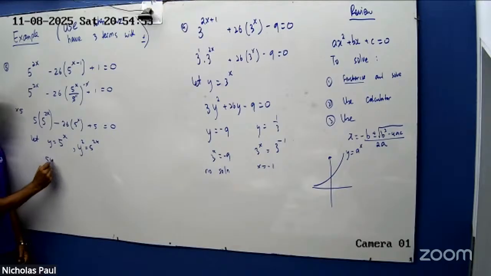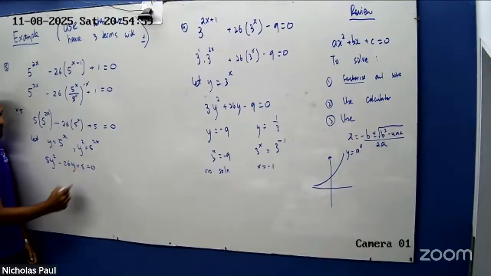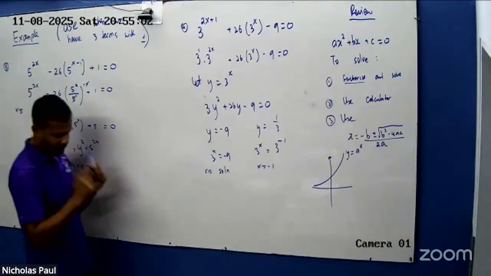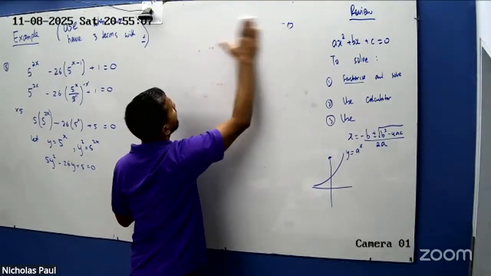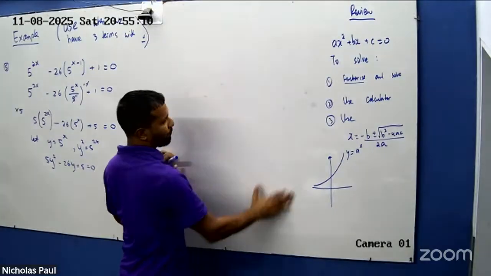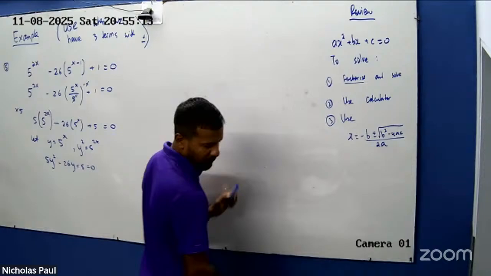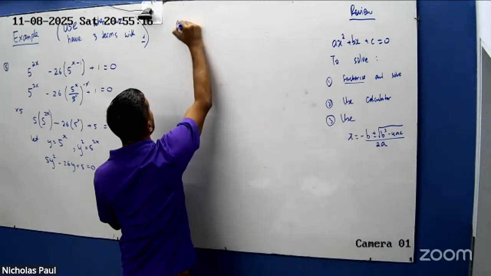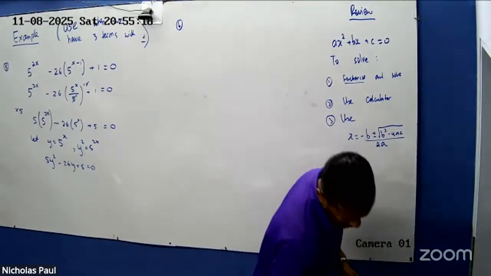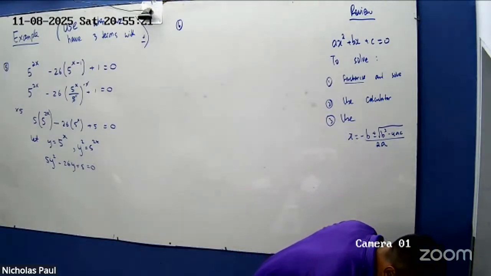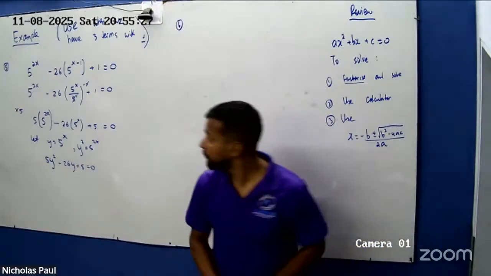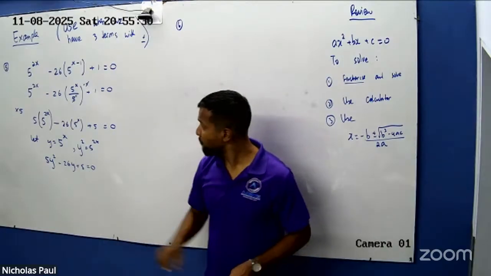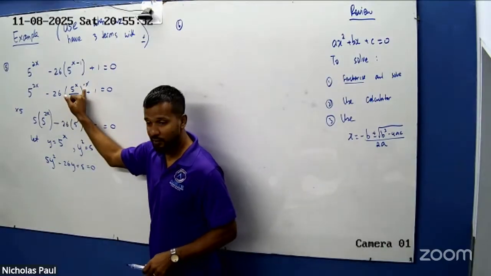So now you have 5y squared minus 26y plus 5. Remember, you're multiplying this whole thing by 5, so the 5 will cancel.